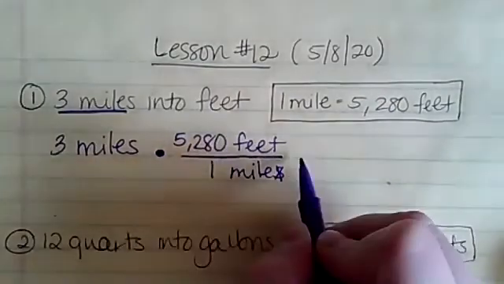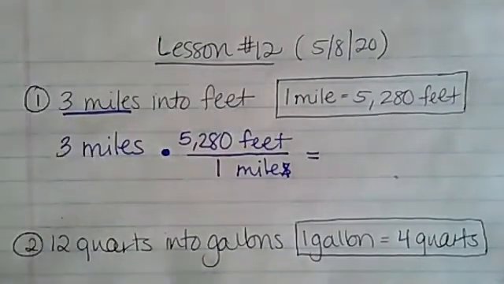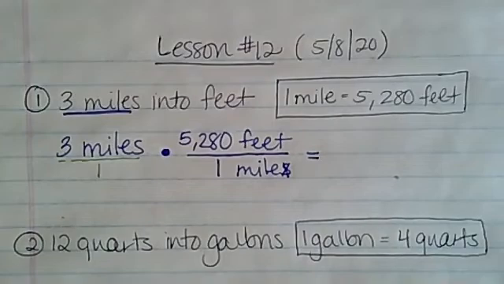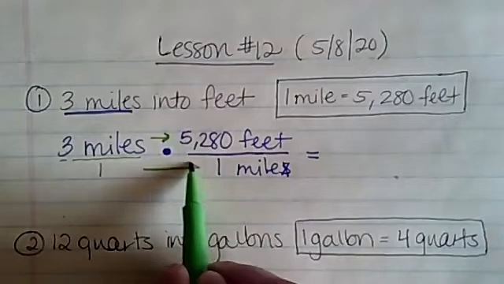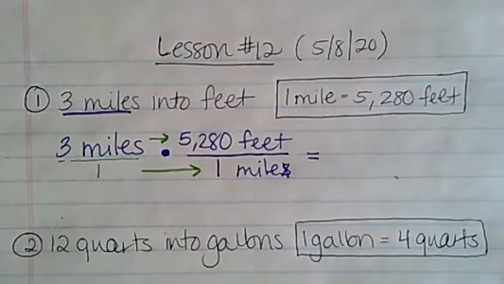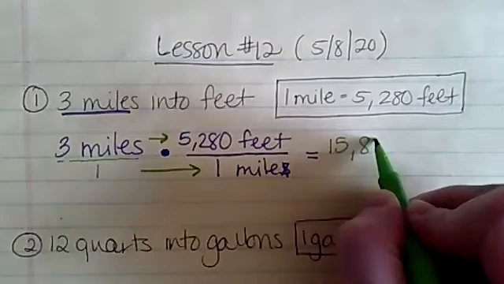Okay? Now, there is an imaginary 1 underneath the 3 miles. It's imaginary, you don't have to write that there, but I just want you to know and understand what happens next. So when you multiply fractions, you multiply straight across. So 3 times 5,280, 5,280 times 3, you get 15,840.